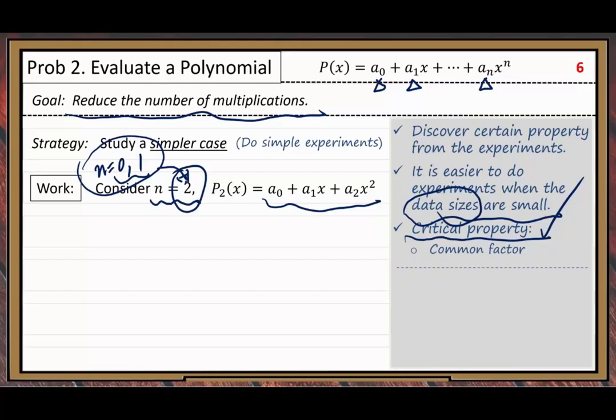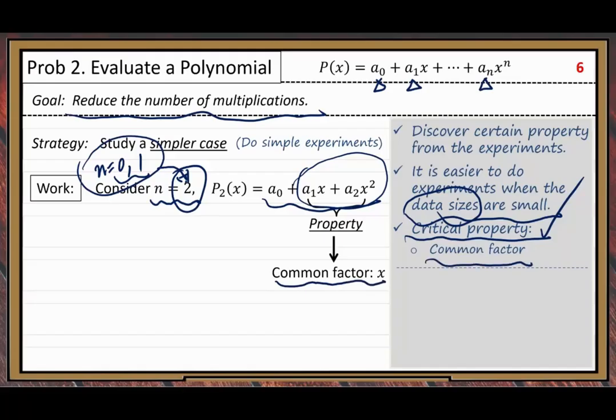Then we need to take some good observation on the terms here. If you look at the last two terms, there is a very important property. That is, they have a common factor x. There is a common factor between the last two terms.